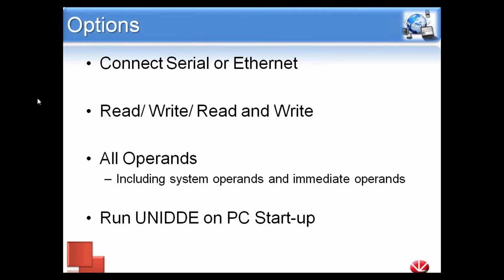Just a few options regarding UNIDDE. We need a connection, either serial or Ethernet, to the PLC or PLCs that we are connecting to. We can read data from a PLC to Excel. We can write data from Excel to the PLC. And we have the option to read and write.